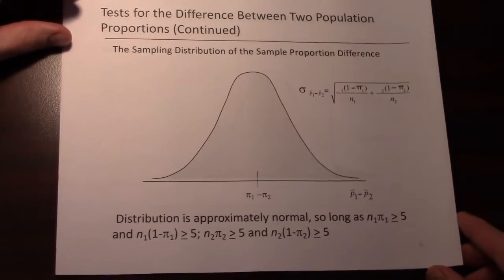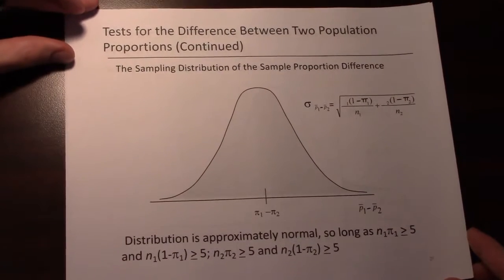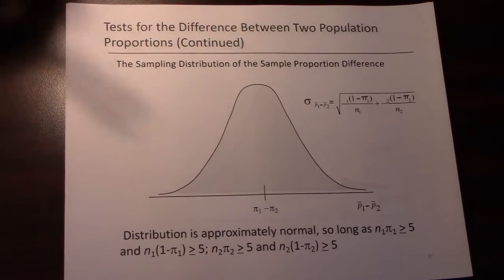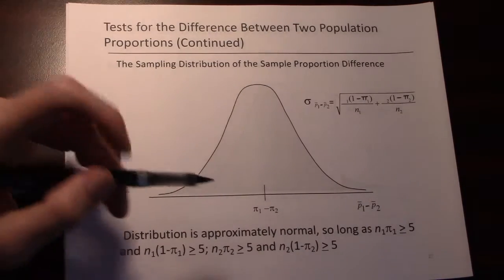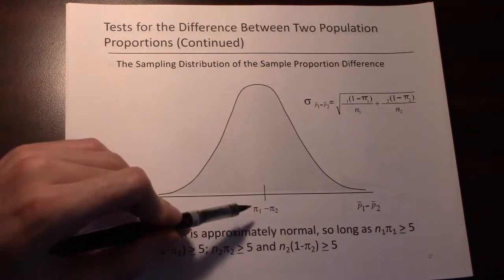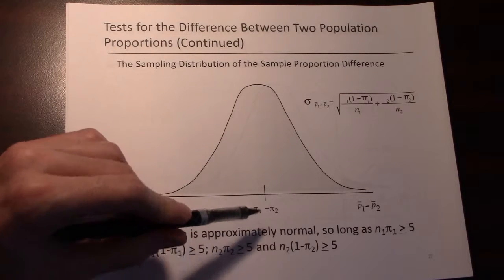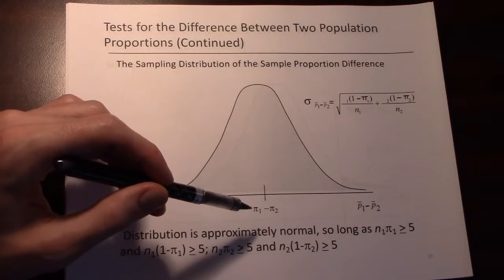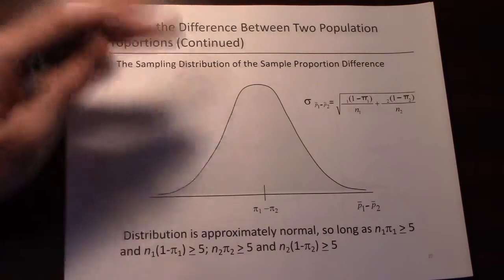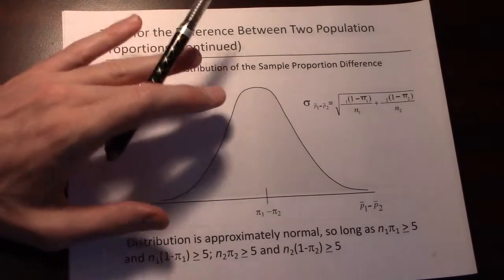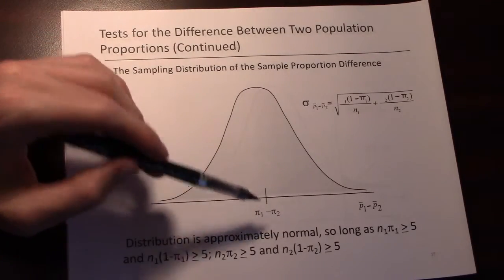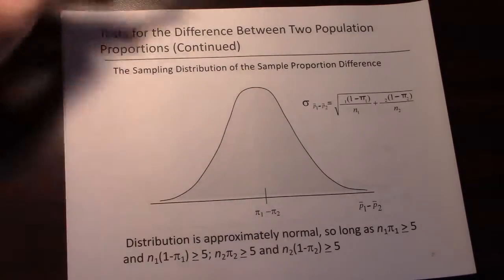So the key to all of this, as you might have guessed, is the sampling distribution of sample proportion differences. So this is a proportion difference. This is the proportion of men who support Donald Trump. This is the proportion of women who support Donald Trump. If we were to do that same sample 10,000 times and put it on this distribution, it comes out to this beautiful bell curve. The mean of that distribution is the actual difference. Like maybe it's 6%.